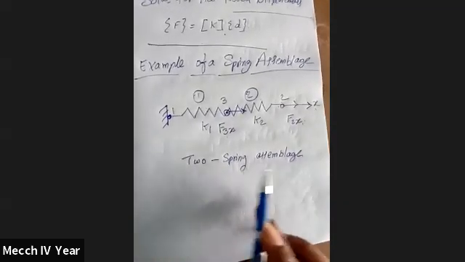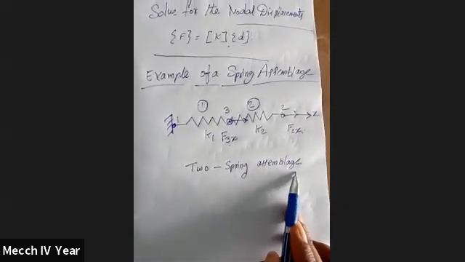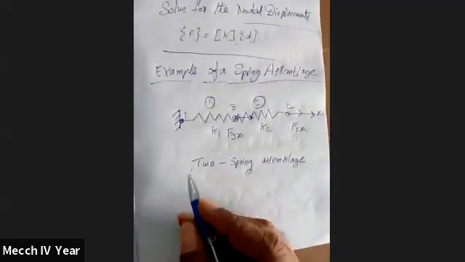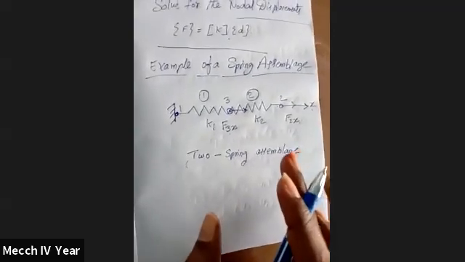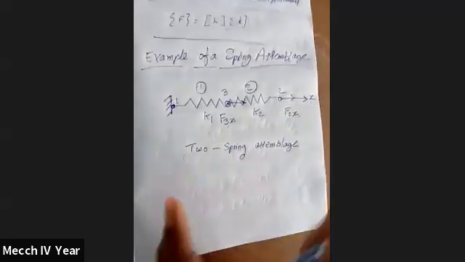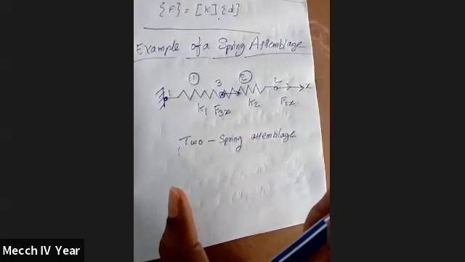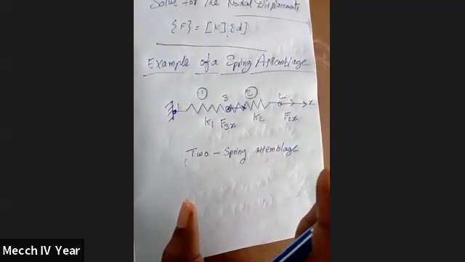Okay, two spring assemblage. Then we are going to see here the x-axis is the global axis of the assemblage. Okay, the local x-axis of each element coincides with the global axis of the assemblage.